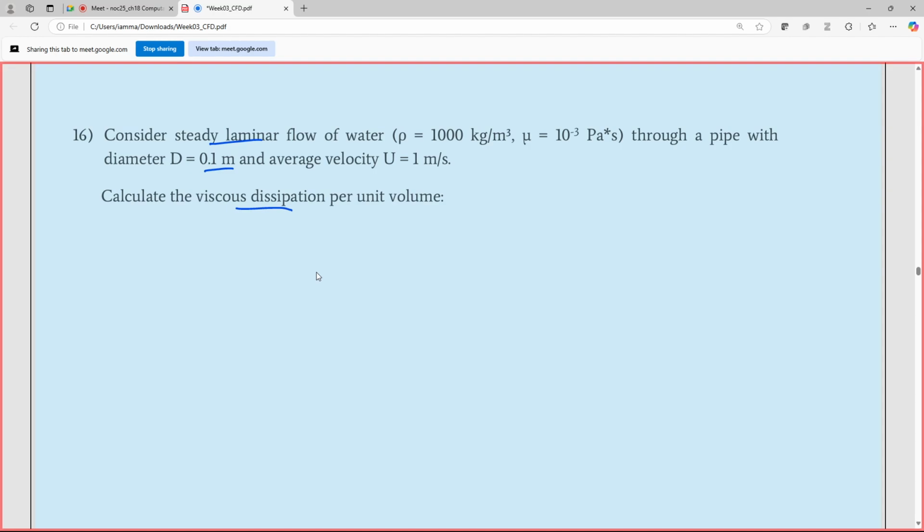It's a simple direct substitution question. The properties given are density, viscosity, diameter, and average velocity, U average.